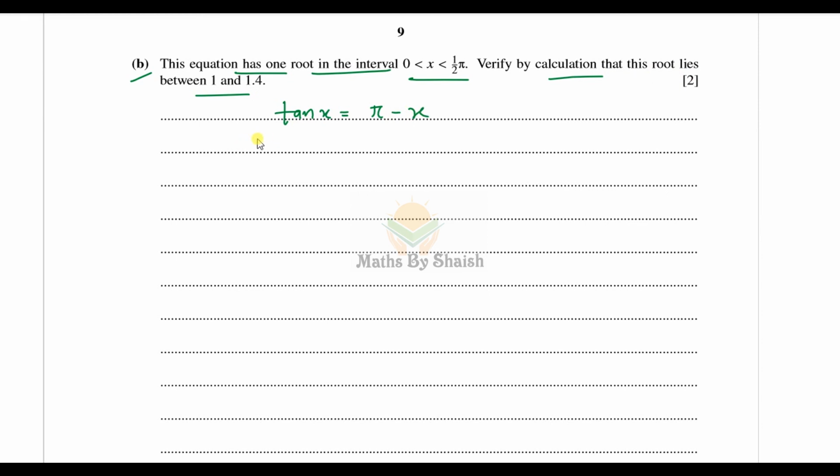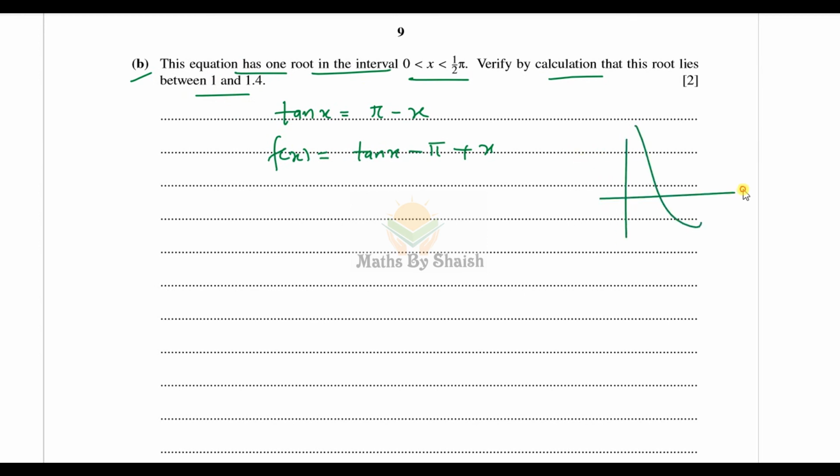We can make it f(x) equal to tan x minus pi minus x.